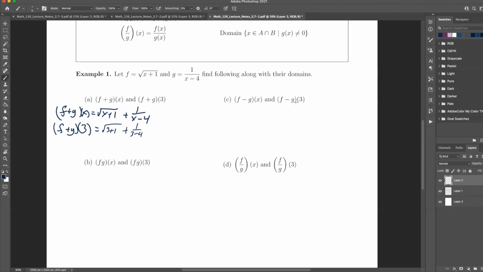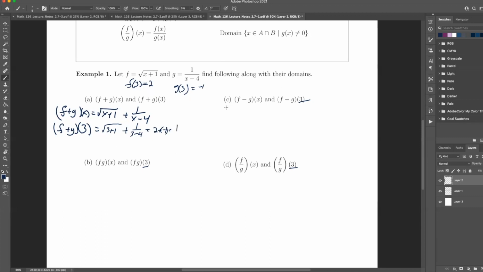Or since I'm going to use 3 each time, the other option is to figure out f of 3. Well, f of 3 here is 2, right? What's g of 3? g of 3 is 1 over 3 minus 4, so it'll be 1 over negative 1. So this is just minus 1. Another way of saying this is I can just take 2 plus negative 1, which gives me 1. I need to leave some room for the domain.